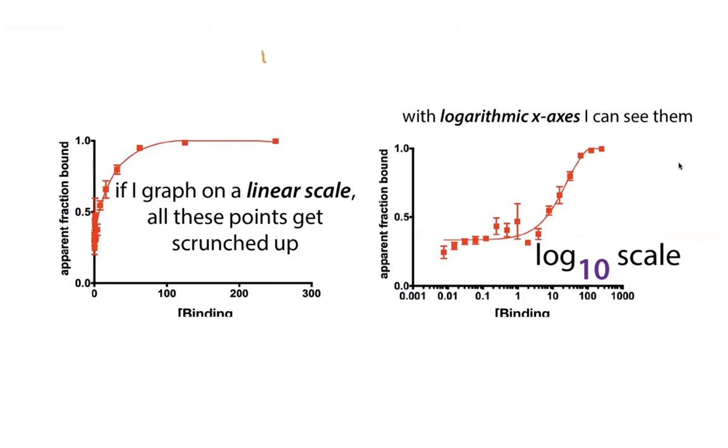Now, you always want to make sure that you're looking at the axis. So look at your x-axis. See if you are in log or if you're in linear. If you're in linear, you should see a hyperbolic graph if there's a single site. And if you're in log, you should see a sigmoidal.